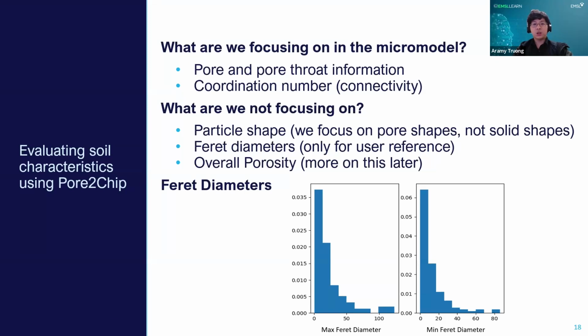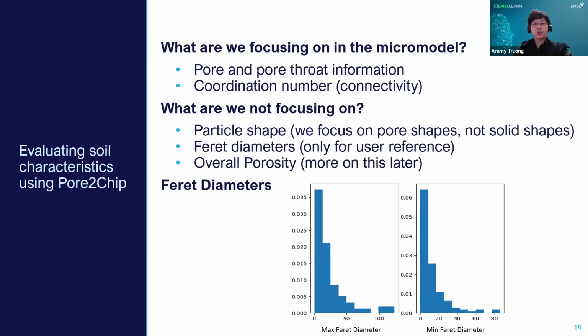Another thing I want to mention are ferrite diameters. If you don't know what ferrite diameters are, it's just a measure of an object along a certain axis. So if you had an oblong shape, a ferrite diameter measurement on one end would be one length. And then if you measure it from a different angle, let's say a perpendicular axis, it may come up with another measurement. And this is useful for characterizing the specific shapes of pores and pore throats.